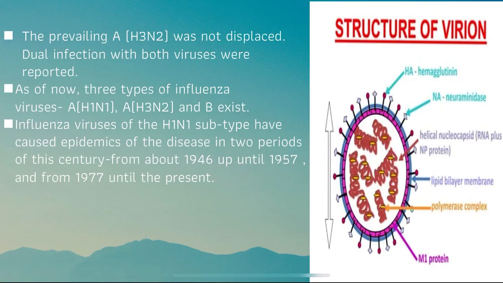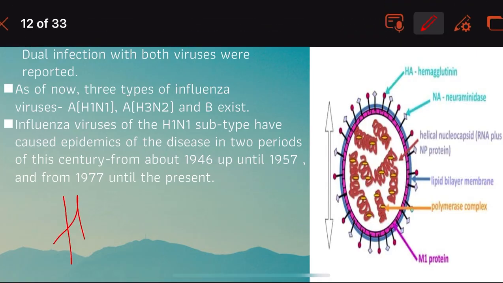Influenza viruses of the H1N1 subtype have caused epidemics of the disease in two periods of the century, from about 1946 up to 1957, and from 1977 until the present. We've already discussed all of this in the previous slides. So these H1N1 subtypes are causing the epidemics, and we are very clear about the dates.